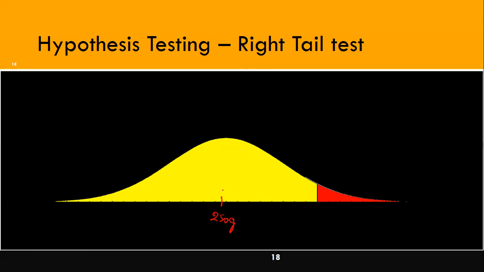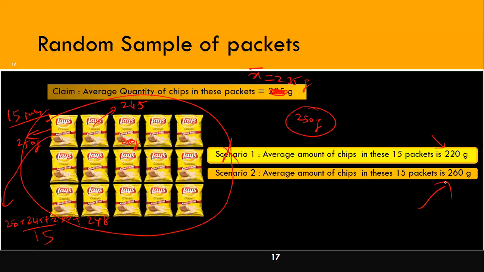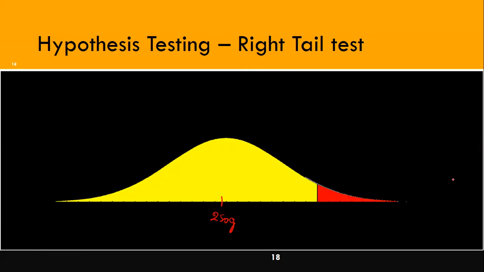But in the second scenario, when you unpacked everything and measured everything, your X bar, the average mean, comes closer to 260 gram. It is more than what they stated. They are giving more than what they state. So 260 falls here. As a customer, you're happy with that.